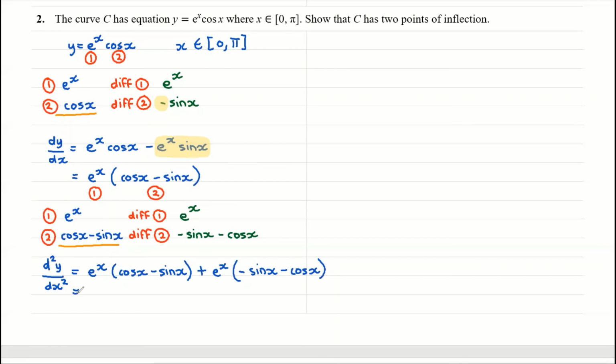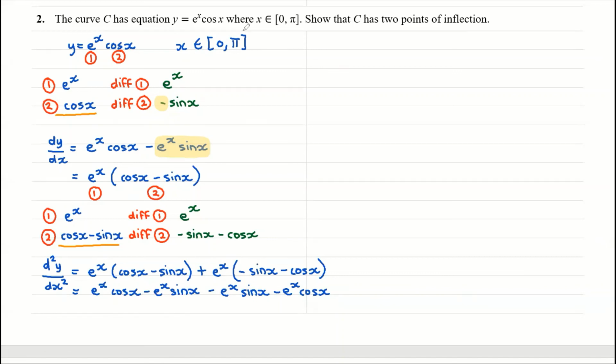So we've got e to the x cos x subtract e to the x sin x, expanding the first bracket, subtract e to the x sin x again, and then subtract e to the x cos x. And if you do it a different way, just verify that you get the same as me. And do we have cancellation? Well, yes, we do.